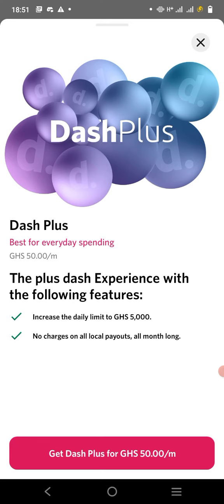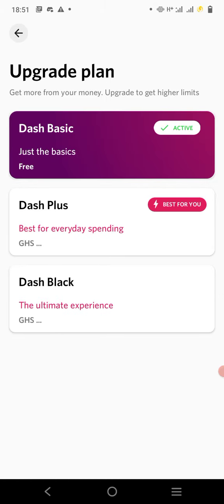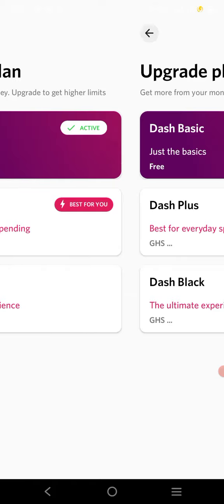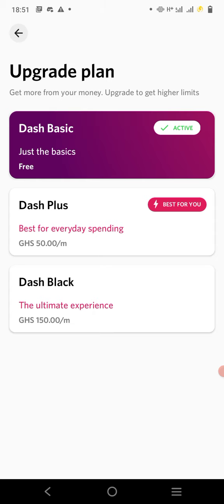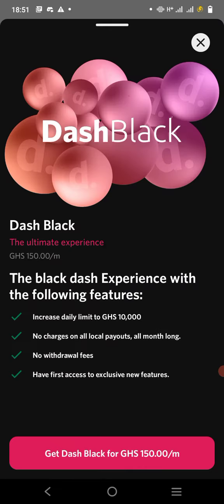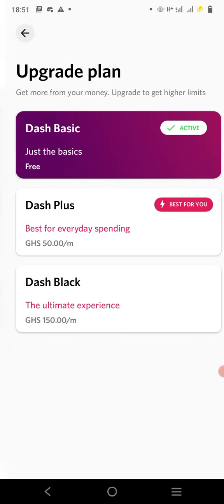So for this one, 5,000, no charges on all local payments for the month. But for Dash Black, they actually offer you up to 10,000 GHS. Up to 10,000 GHS. No charges on local payouts, no withdrawal fees, and then first access to exclusive offers. So that's what you will actually be able to get.